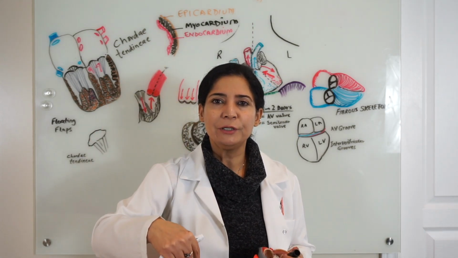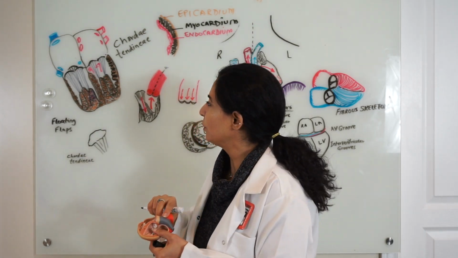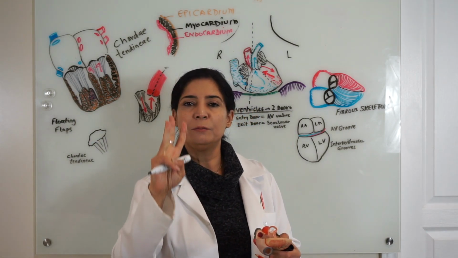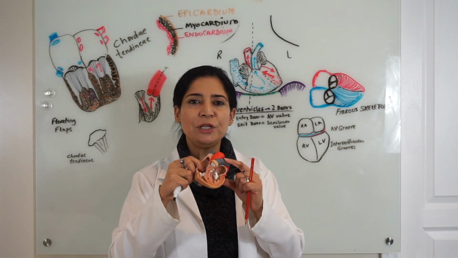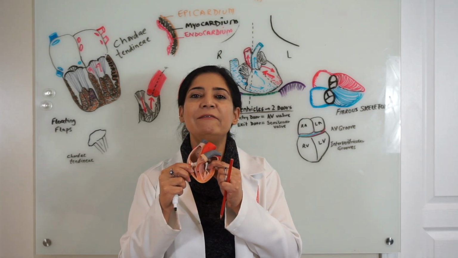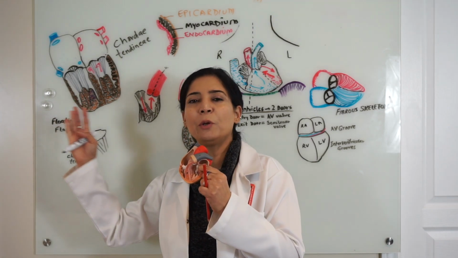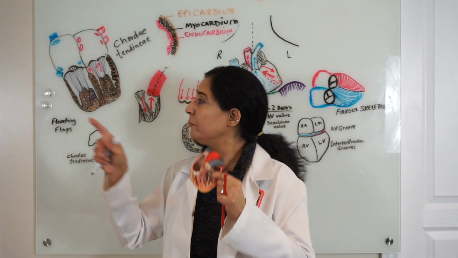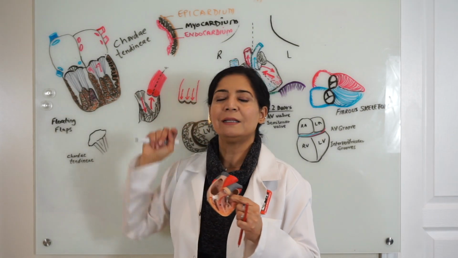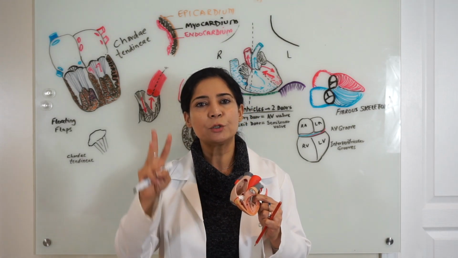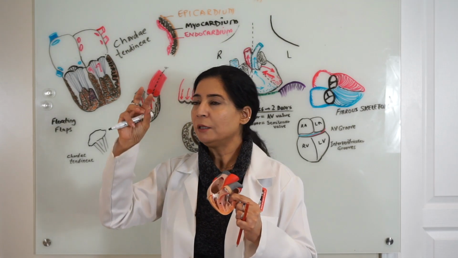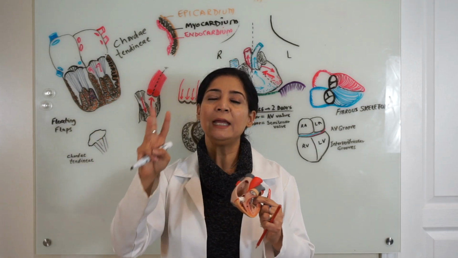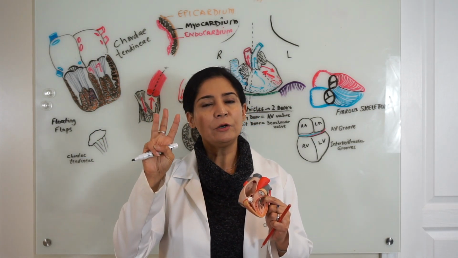have been anchored into the tips of these muscular projections. And these projections are present within the ventricle, we are talking about the right side of the heart, so I'm showing you the right ventricle. So the right ventricle, because the right AV valve has 3 cusps, will be having 3 papillary muscles.